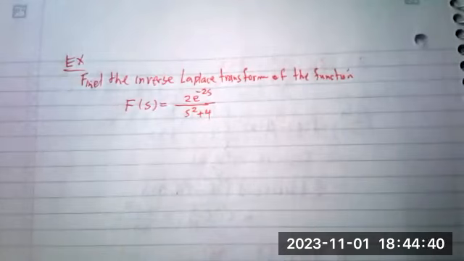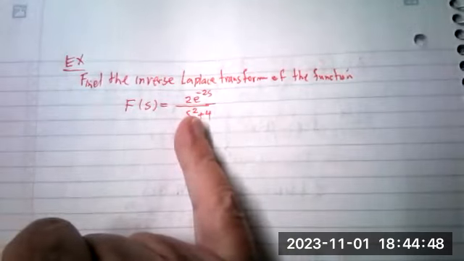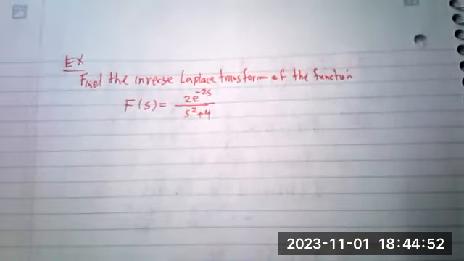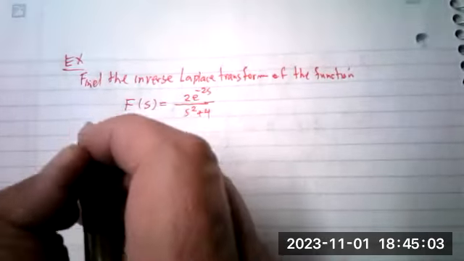So the Laplace transform of one function is given to you, and you want to find it the other way around. As soon as you see this factor of e to the negative 2s, that gives you the indication that you have to use these translation theorems. This is going to be the case solution.